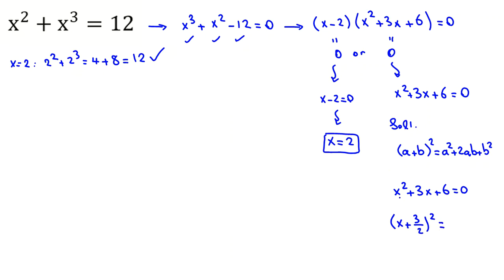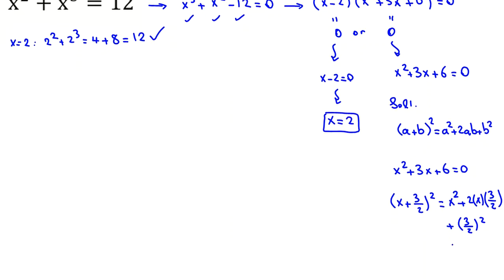Why? Because always take x squared and divide the coefficient here by 2, giving 3 over 2. Because by this identity, it will be x squared plus 2 times x times this. The 2 will be cancelled. Let me write 2x times 3 over 2 plus b squared, 3 over 2 squared.